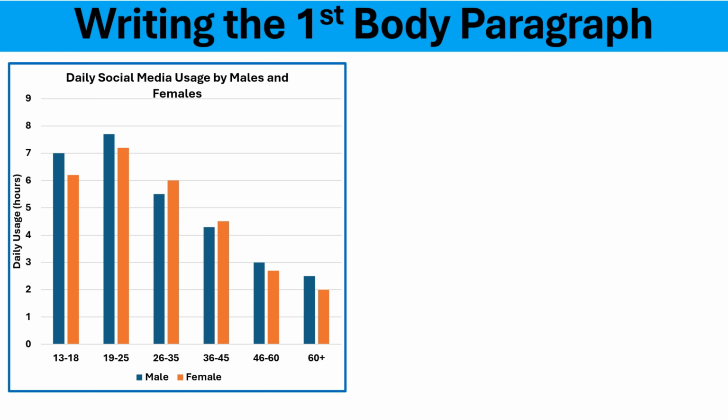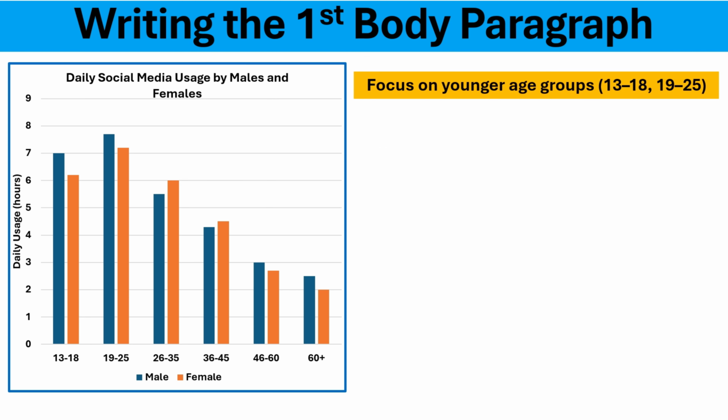Let's now break down body paragraph 1, which focuses on the younger age groups, 13 to 25 years old. First, we begin with the group that uses social media the most. It's always a good idea to start with the most noticeable data. In this sentence, we also make a comparison within the same age group, that is, males versus females, using a clear structure.